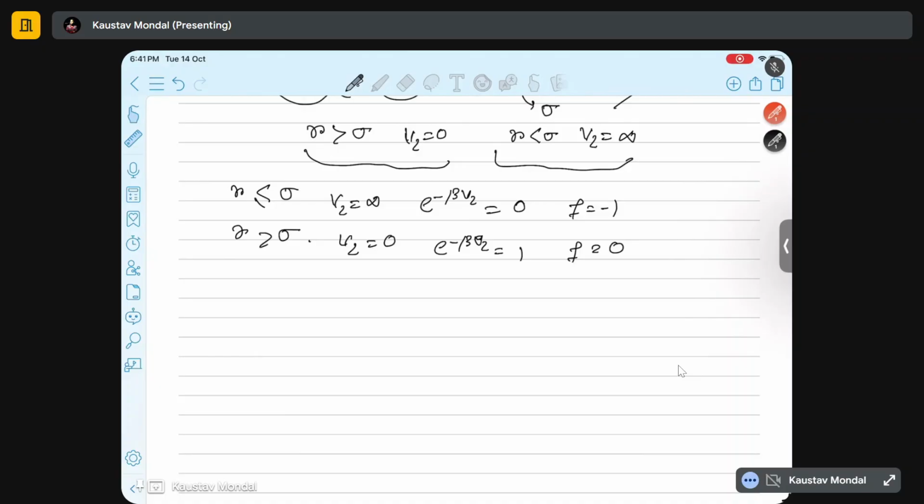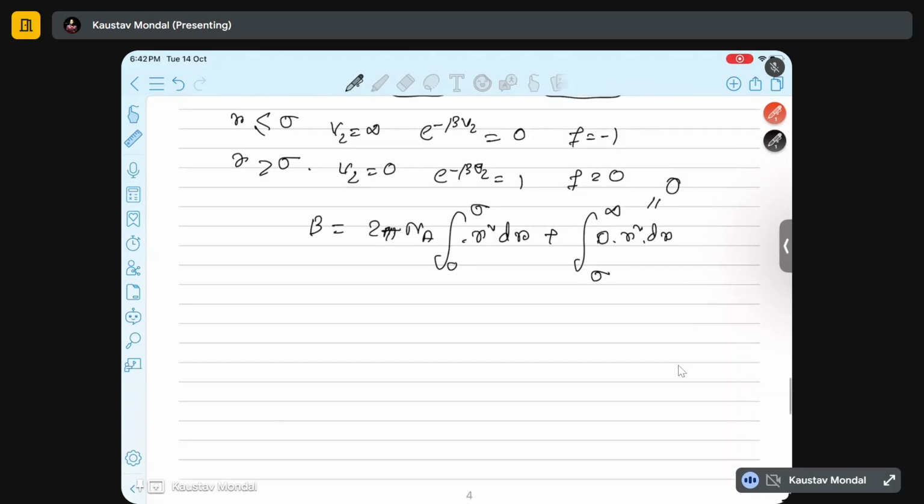After getting that, let me put all the things together. B, the virial coefficient, gives you 2 pi Na into the integral from 0 to sigma of r square dr, with f equal to -1. And for sigma to infinity, that is 0 into r square dr, so this gives you 0.